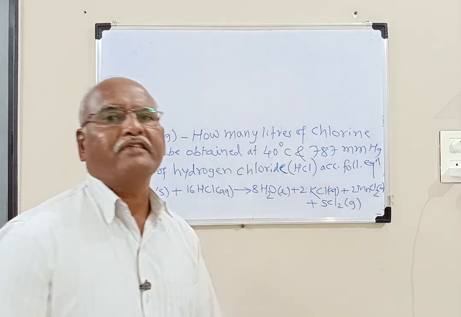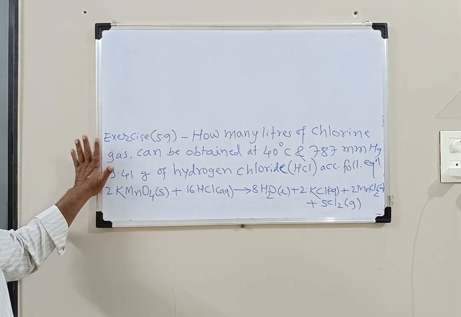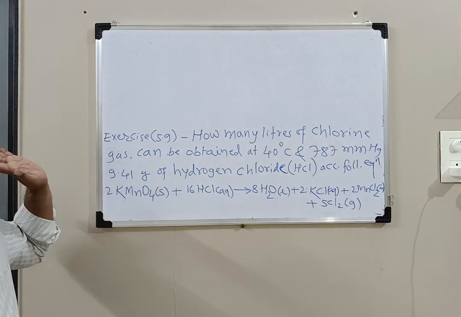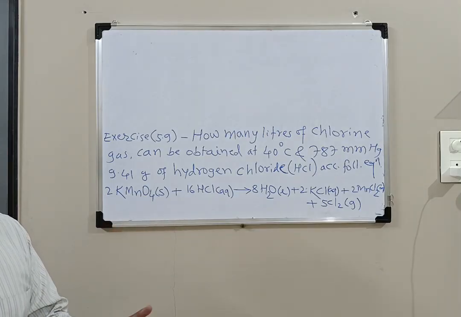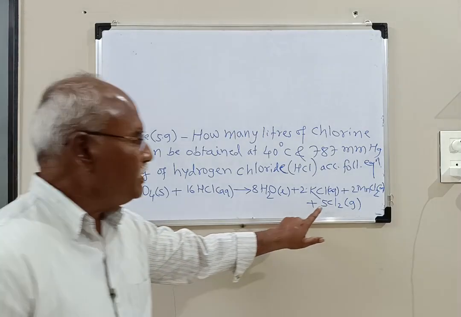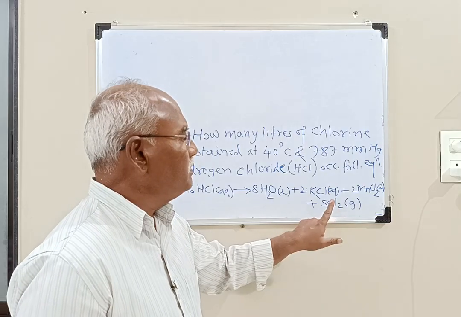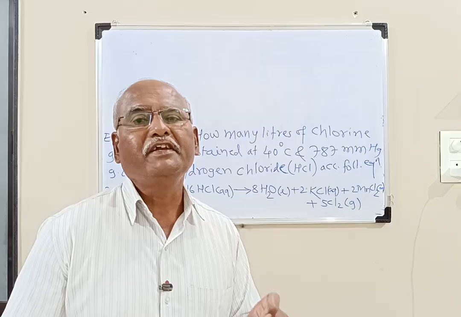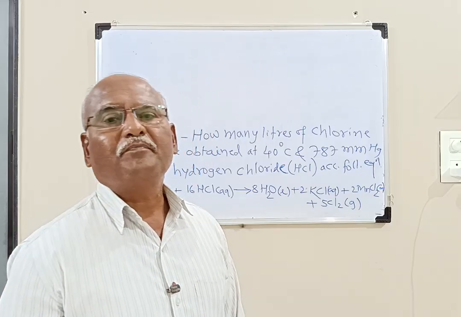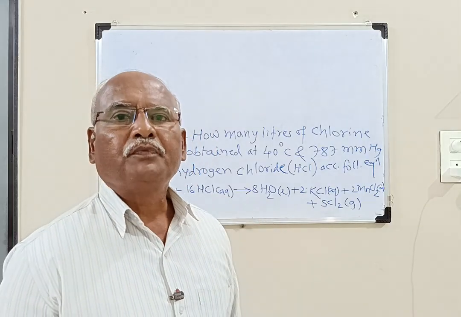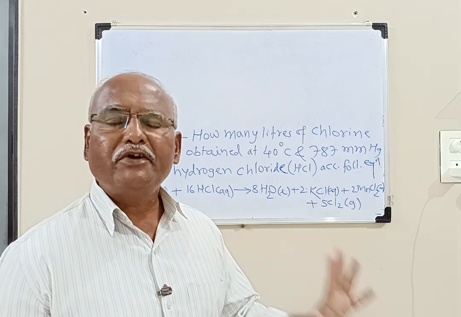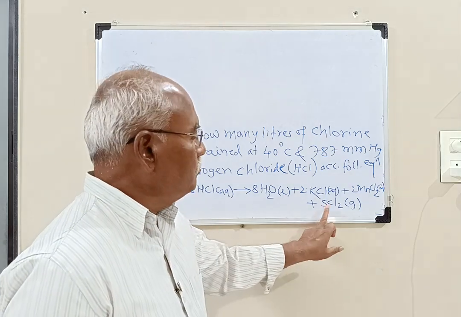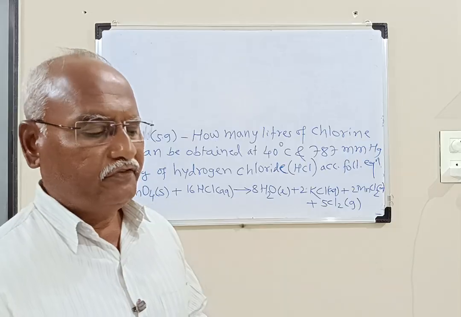It is perfectly balanced. Therefore, it is a stoichiometric reaction involving gas. Therefore, we are going to solve problems related to stoichiometric reactions involving gas. In the first example, oxygen is involved. In the second example, nitrogen is involved, and now chlorine is there.